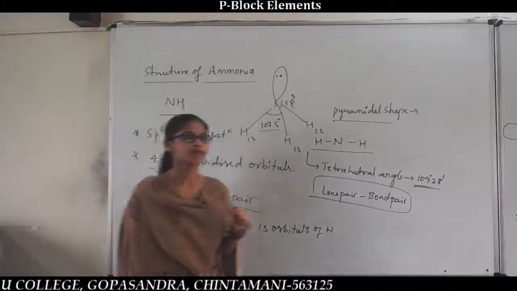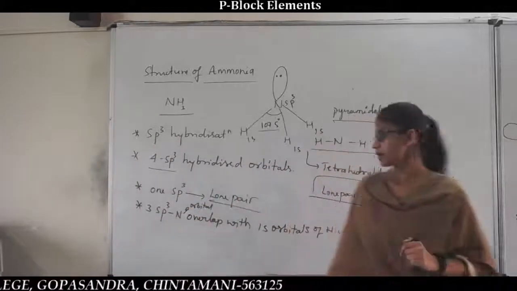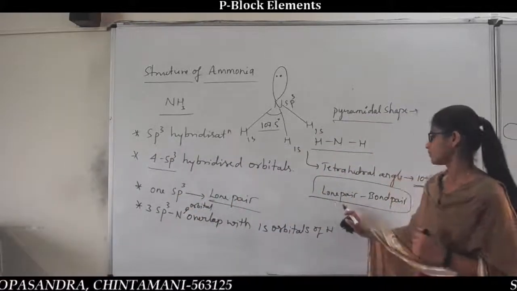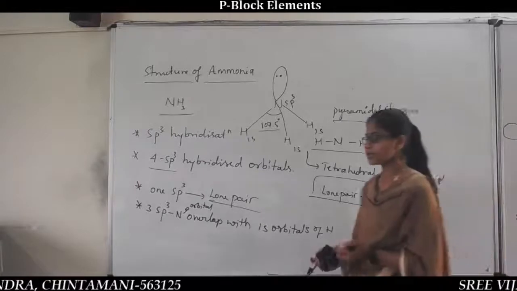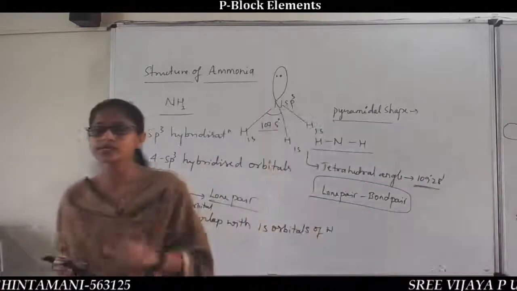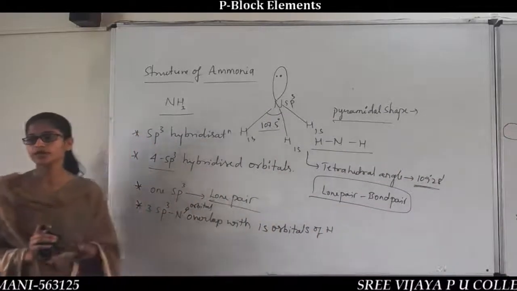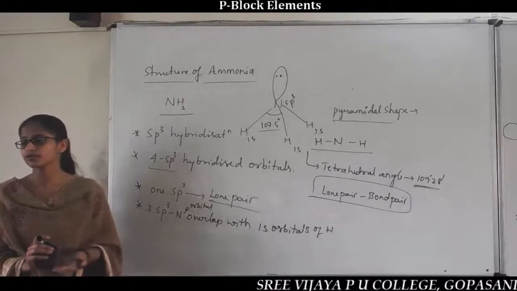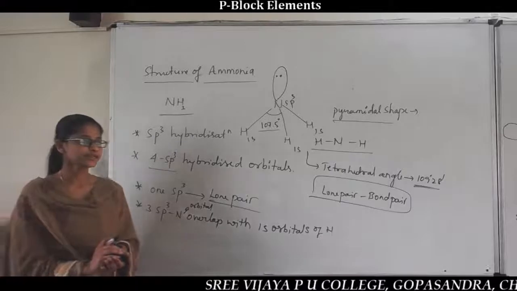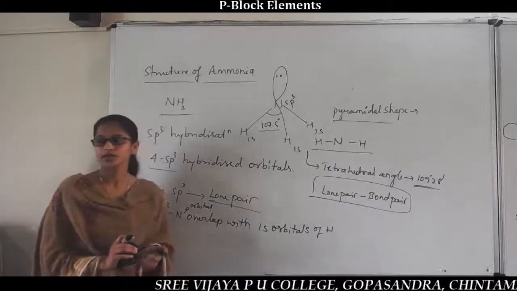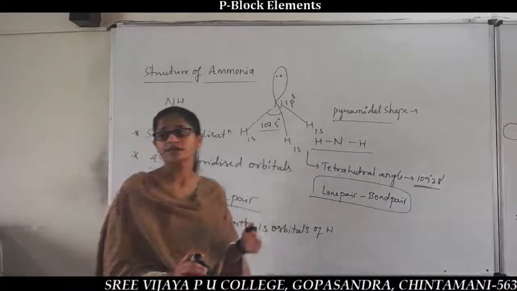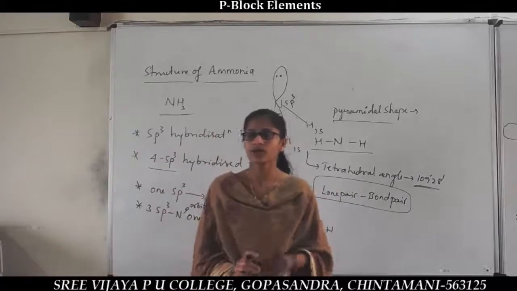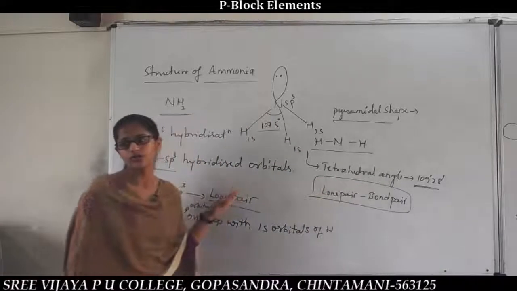The reason is the repulsion between lone pairs and bond pairs of electrons. Ammonia molecules easily form bonds with water molecules, and hydrogen bonding forms easily when ammonia is in liquid or solid state. Okay, this is regarding the structure of ammonia.